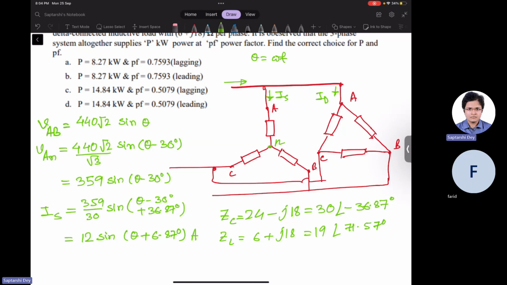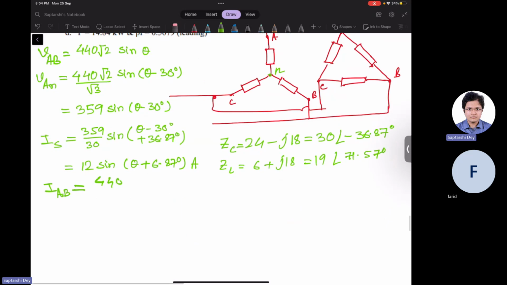Now for the delta connected system, the line voltage is the phase voltage. So if we have VAB here, what we can get is IAB is VAB by Z. So that is 440 root 2 by 19 sine theta minus 71.57 degree.